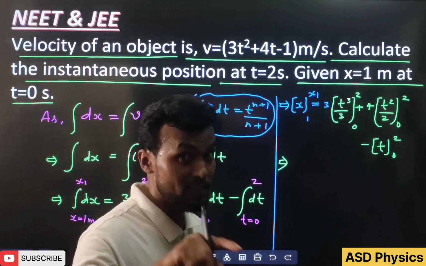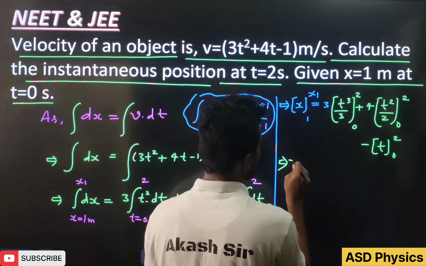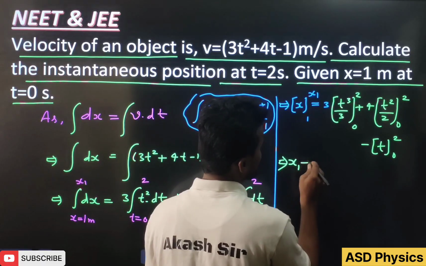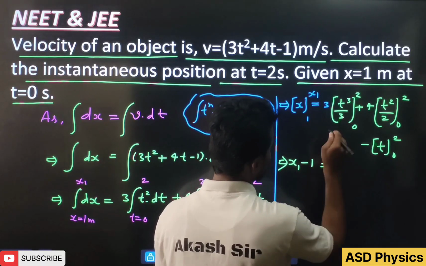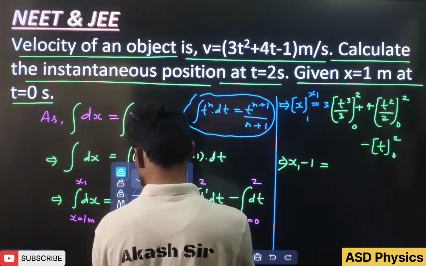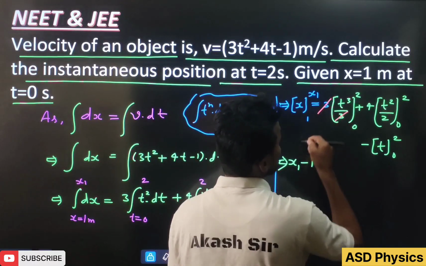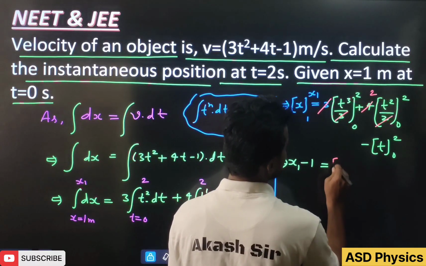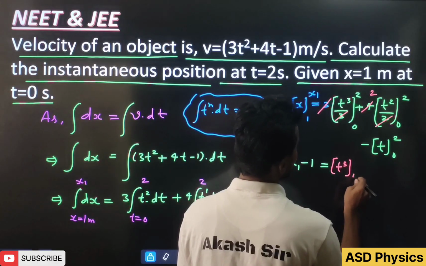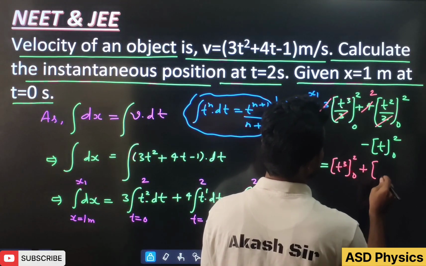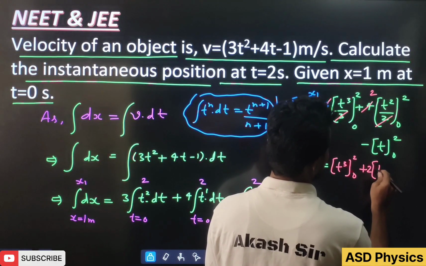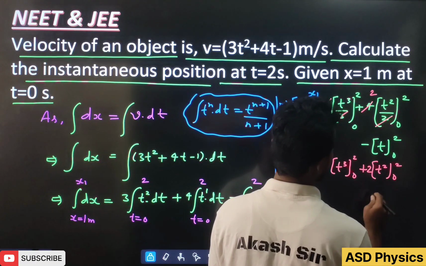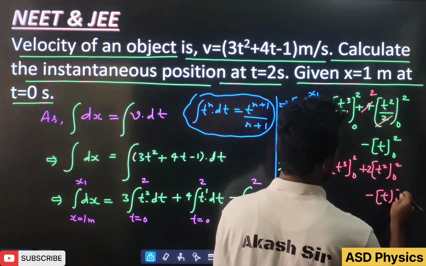First upper limit minus lower limit. So first you put x equal to x1 minus lower limit 1 equal to, remember here, students, this 3 and 3 cancel. This 2 2 is 4. So I am writing t cube 0 to 2 plus 2 times t square 0 to 2 minus t 0 to 2.